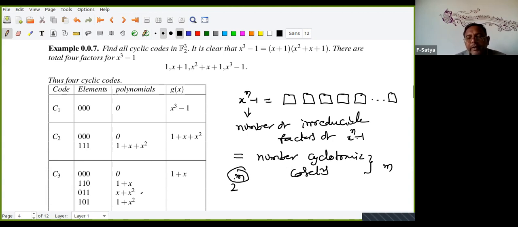So what is the relation between m and n now? Sorry, m may not divide n. This is the number of cyclotomic cosets. This many divisors are possible for this x power n minus 1. The number of irreducible factors is m.